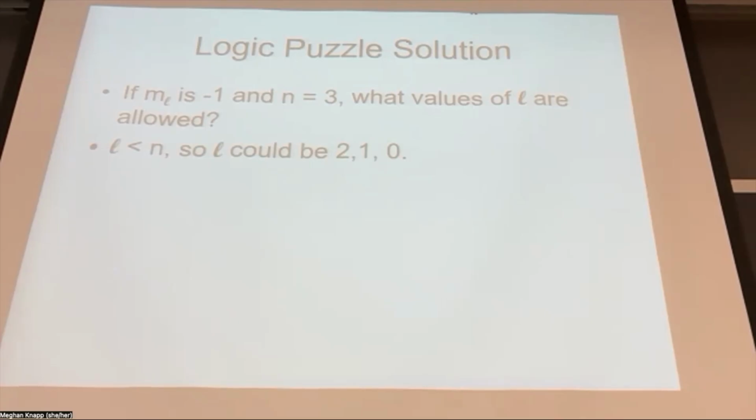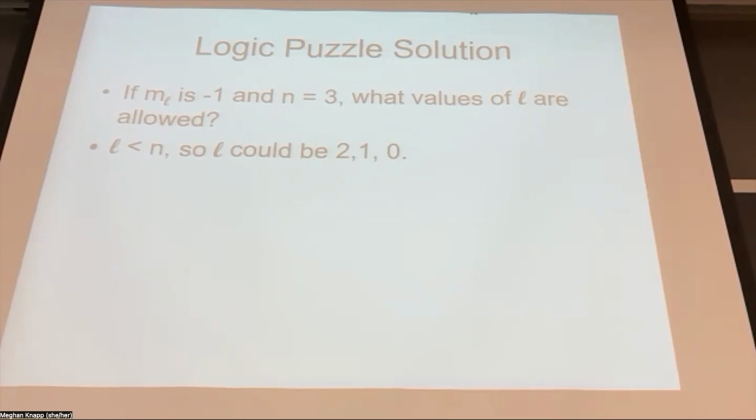Okay. M sub L is -1. If I have an S orbital, then L is 0. If L is 0, can I have an M sub L that's -1? Because the absolute value of M sub L has to be less than L. The absolute value of -1 is 1.